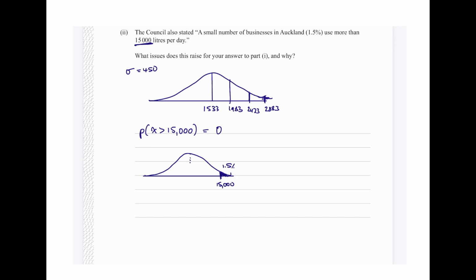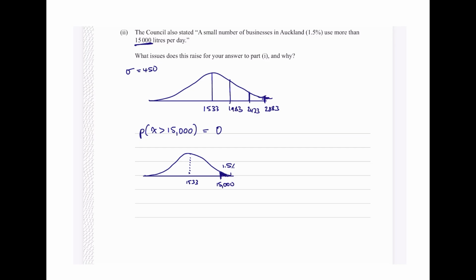What does that mean my mean must be? Well, first of all, assume that the mean is still 1533. Can I contain 15,000 within 3 standard deviations? I can do it if my standard deviation is super large, right? If my standard deviation is something like 5,000 or 4,000, then I will be able to contain that within 3 standard deviations, right?